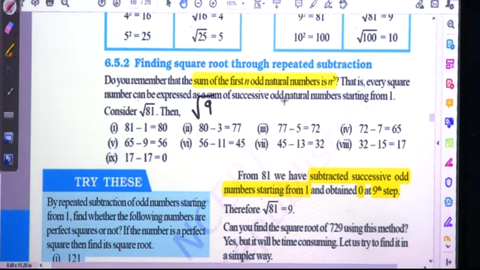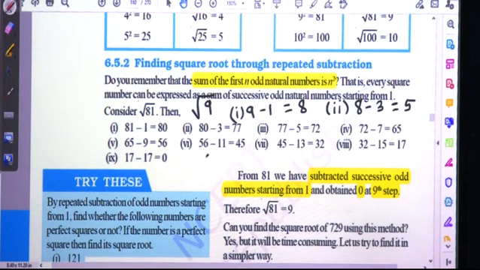Square root of 9. First odd number: 9 minus 1 is 8. This is the first step of subtraction. Second step of subtraction: 8 minus 3, 3 being the second odd number, is 5.